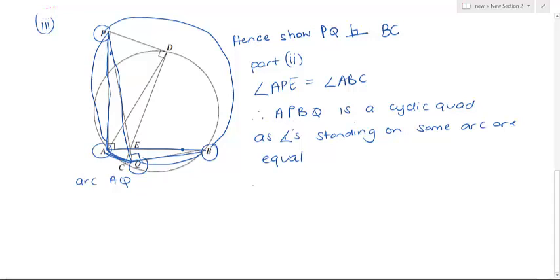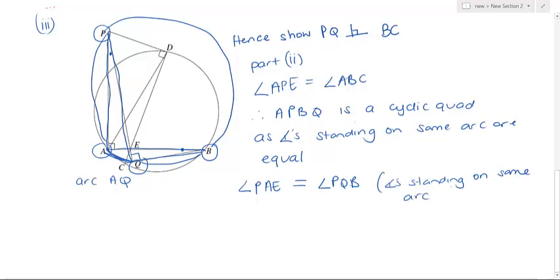Since they're a cyclic quad, we can see that the other angles, the bottom angles of our butterfly wings, angle PAE and angle PQB, are equal. It's the same reason: angles standing on the same arc are equal.